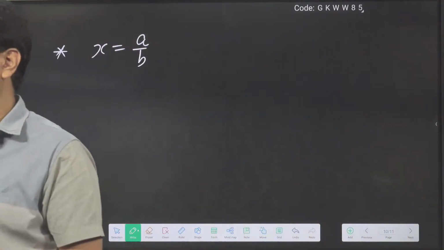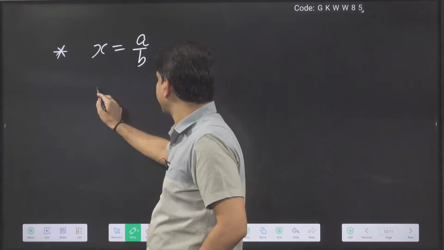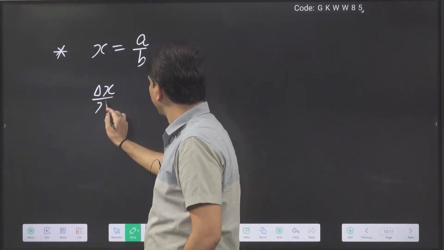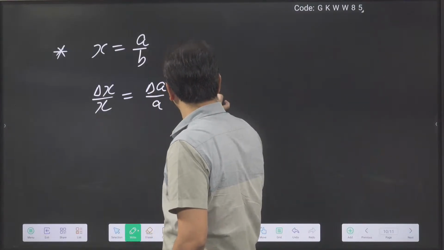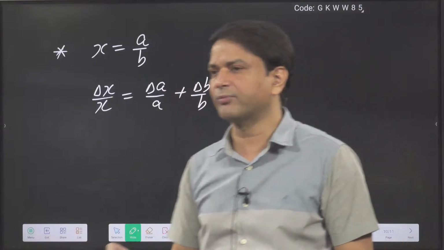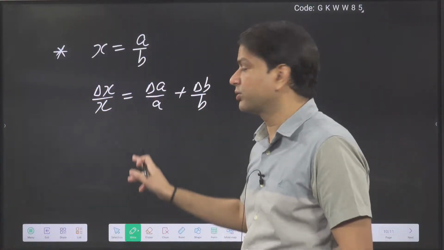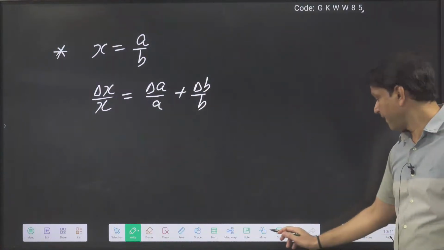Here b is in the denominator, but we will calculate the maximum possible error. Then what will we get? We will write delta x by x is equal to delta a by a plus delta b by b. So whether you are multiplying or dividing doesn't matter. We have to calculate the maximum possible error, so that's why we write the addition in between.